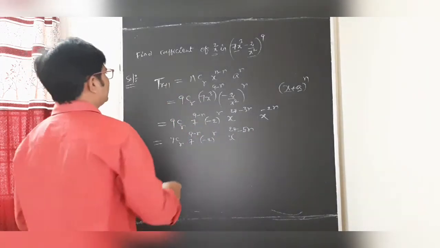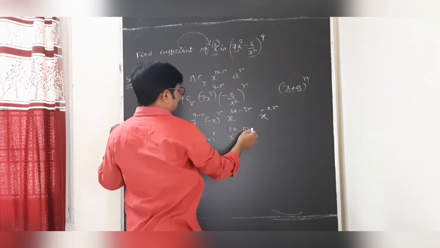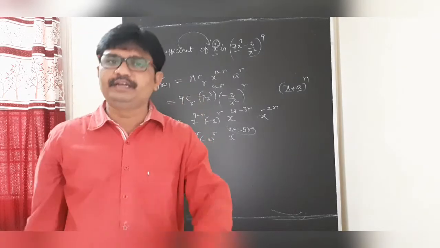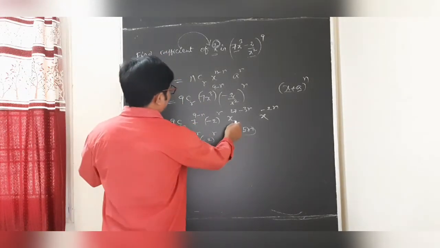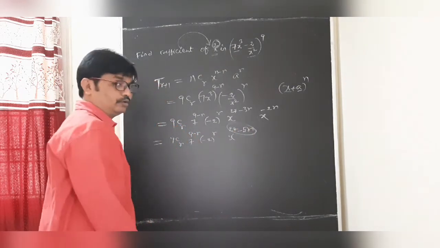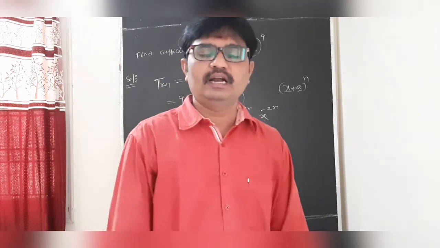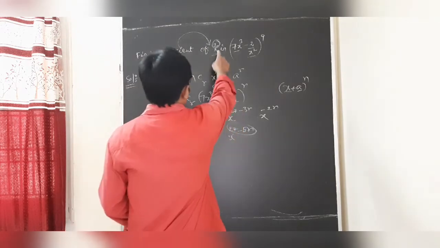Okay students, to find the coefficient of x square, the power of x is equal to 2. For the independent term, the power of x must be equal to 0. Dear students, when r is an integer, undoubtedly it has the coefficient of x square.